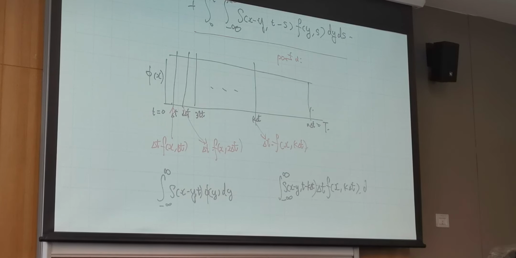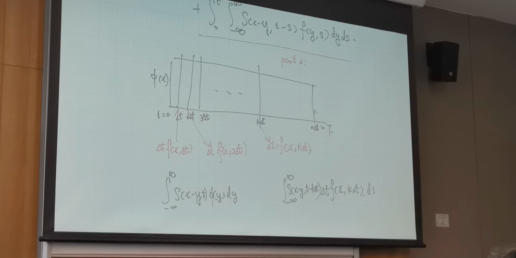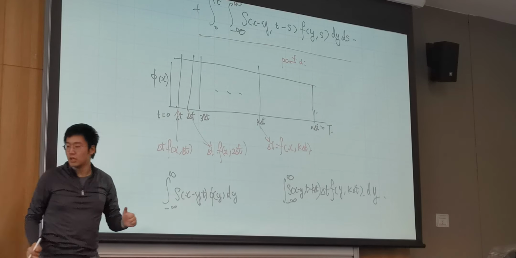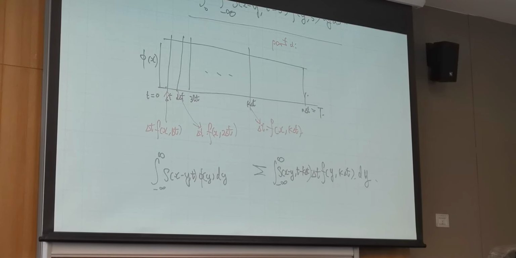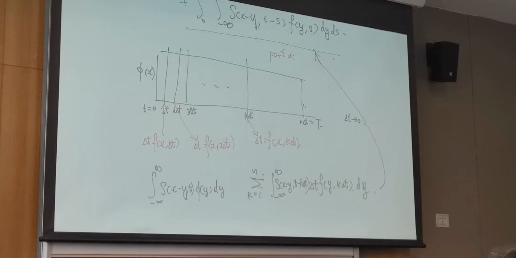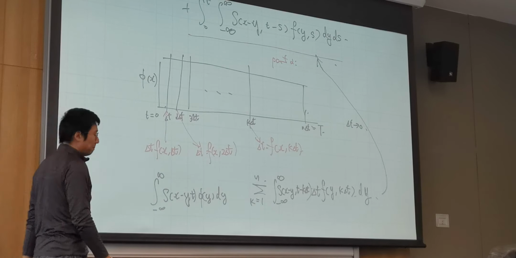Multiply by this, and then this should be dy. And then if we add all these combinations up, summing over k from 1 to n, and taking delta t to 0, we are going to obtain the second term in the system again.